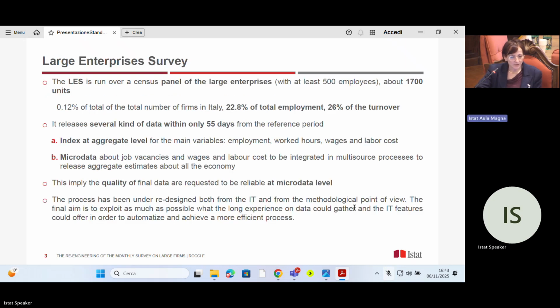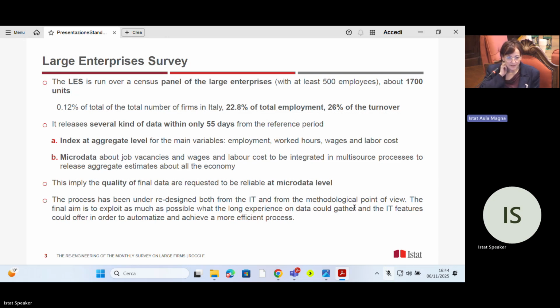This survey is run only on large enterprises. It is based on a census panel of large enterprises, defined as enterprises with at least 500 employees. We have a total of about 1,700 units.